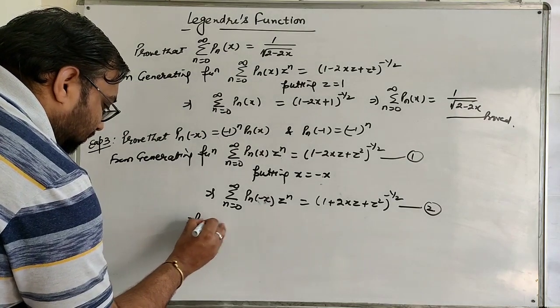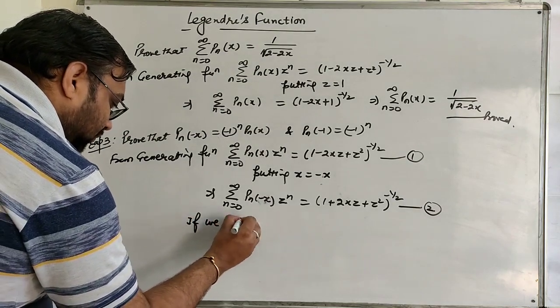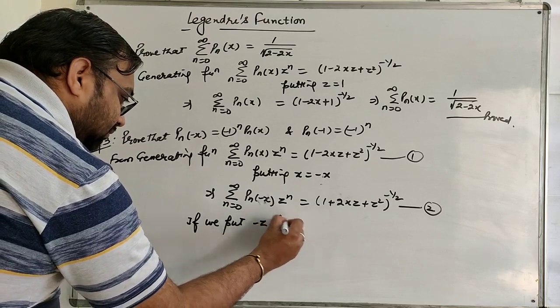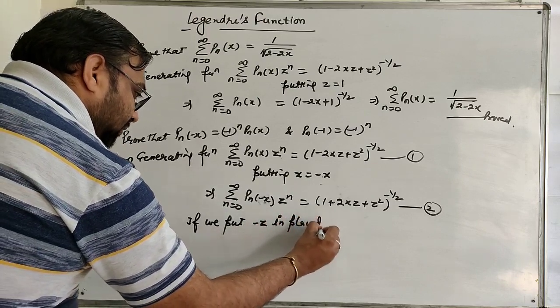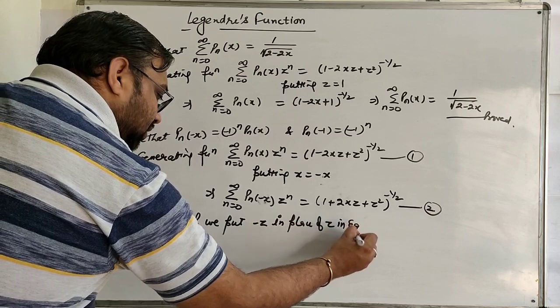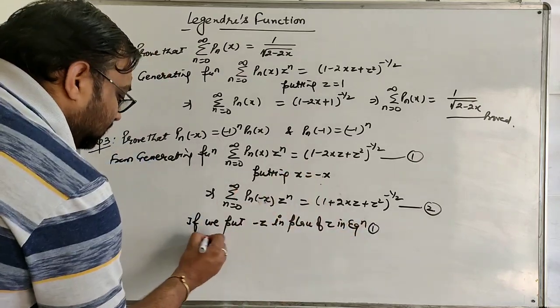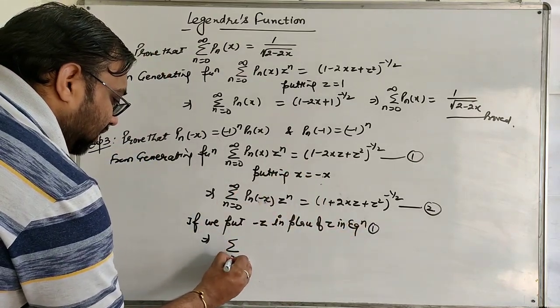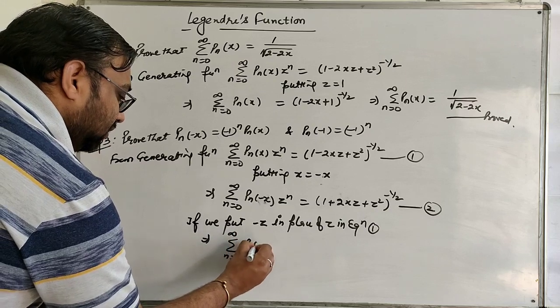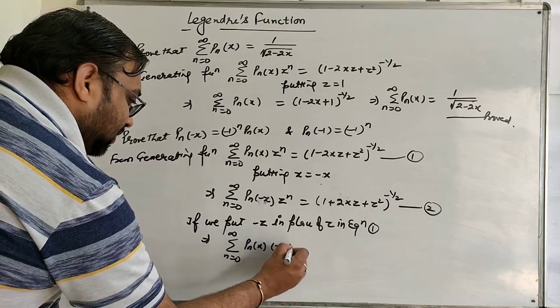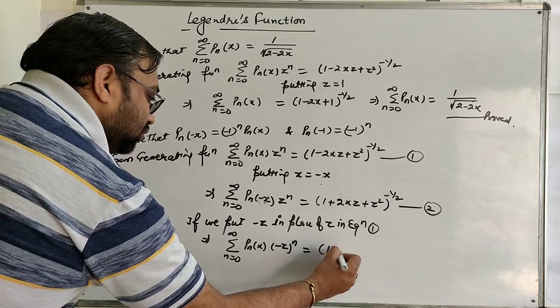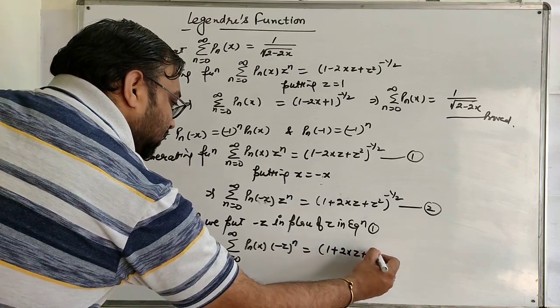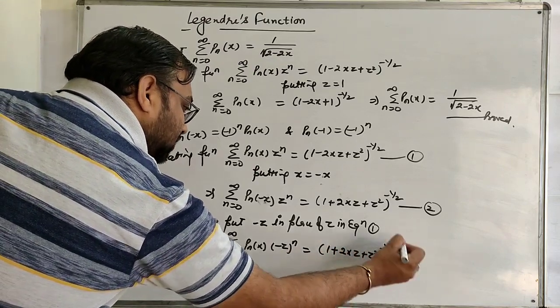If we put minus z in place of z in equation number 1, then sigma n equals 0 to infinity Pn(x) (minus z) power n is equal to (1 + 2xz + z square) power minus 1 by 2.